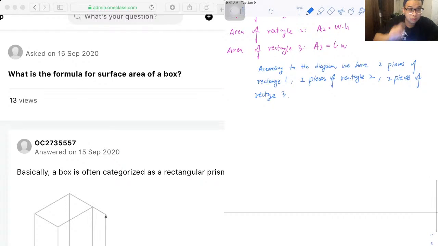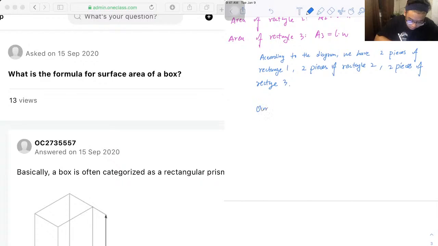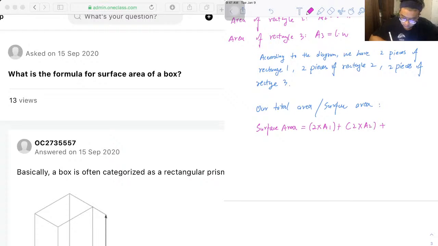Alright, so our total area, or say the surface area, is equal to 2 times A1 plus 2 times A2 plus 2 times A3.